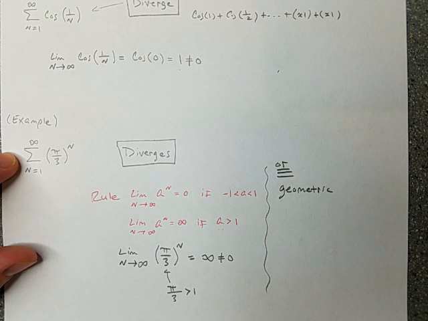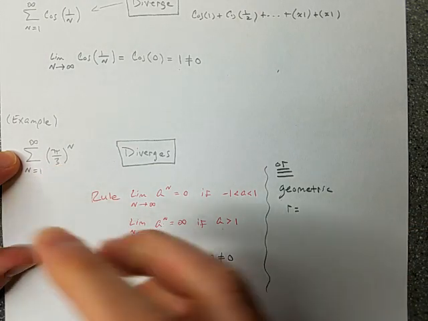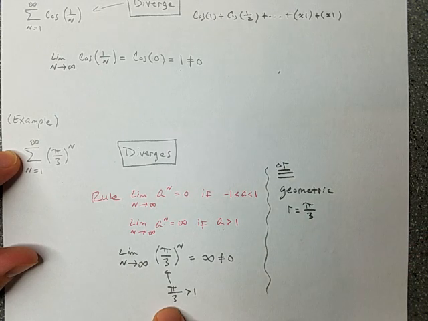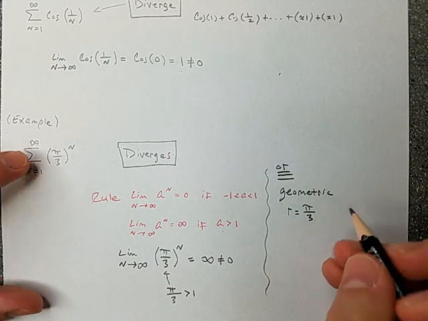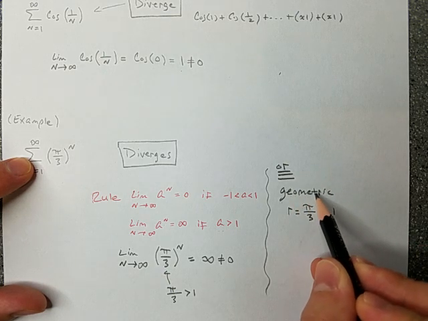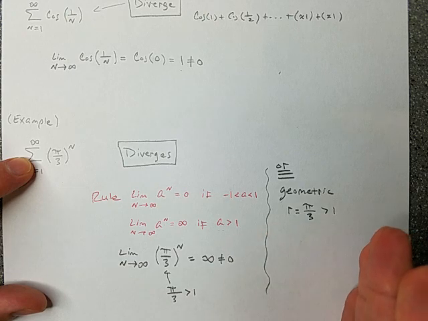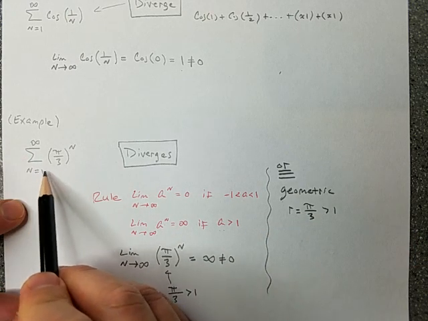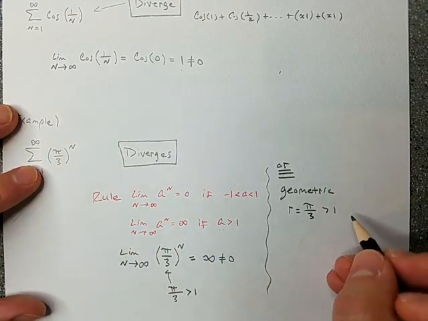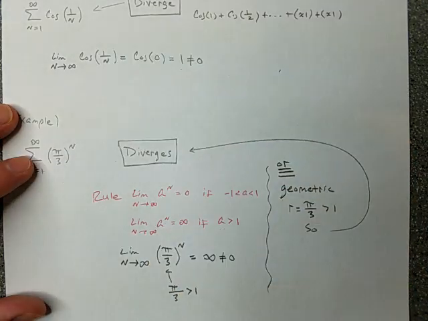Okay? r is what? Pi over 3. And as I was saying over here, pi over 3 is a little bit bigger than 1. A geometric series converges if r is somewhere between -1 and 1. And here in this geometric series, r is bigger than 1. So that is another way that you could conclude that it diverges.